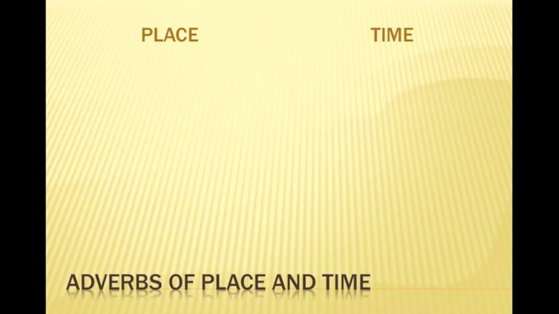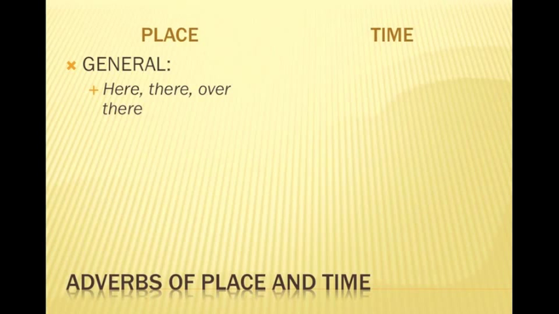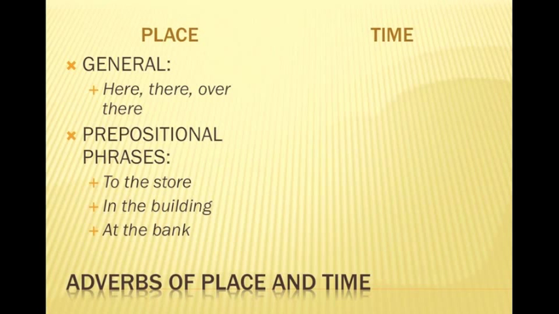Now, let's go back for a moment and talk a little bit more about adverbs of place and time. You probably know many general adverbs of place already, words such as here, there, and over there. But you probably recognize that prepositional phrases, and this is something that's going to be kind of an interesting discovery for us today, can also indicate place.